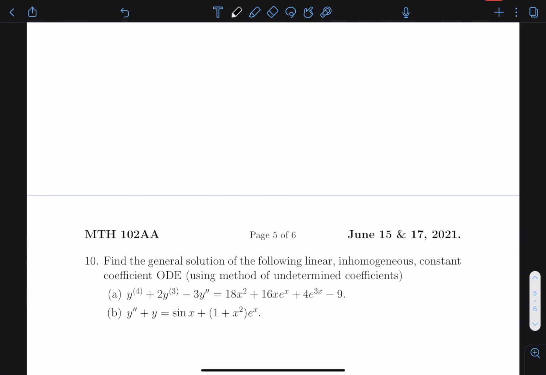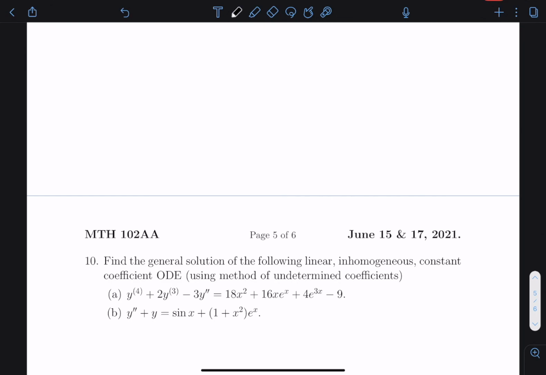Problem number 10 is asking you to find the general solution of a linear inhomogeneous constant coefficient equation. Here we are asking you to use the method of undetermined coefficients.